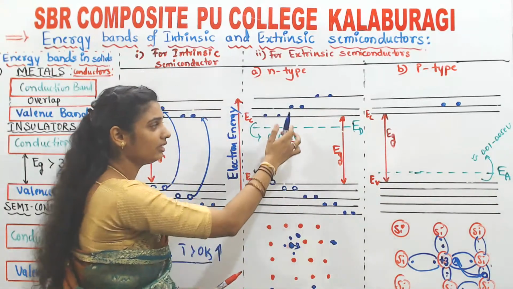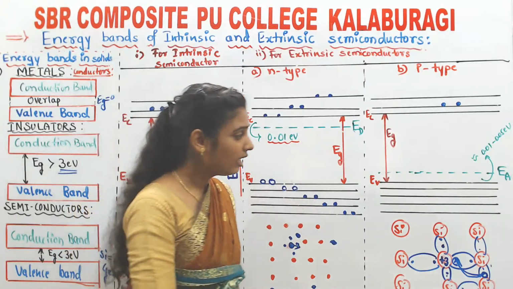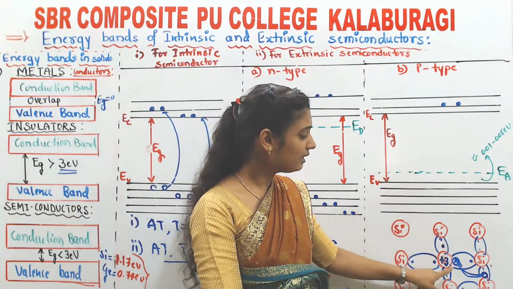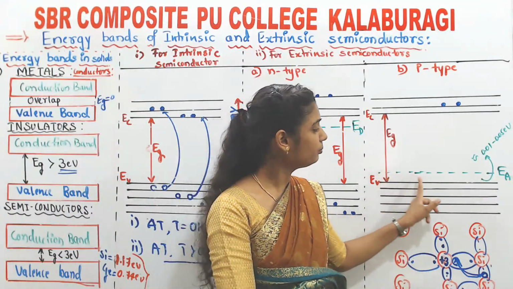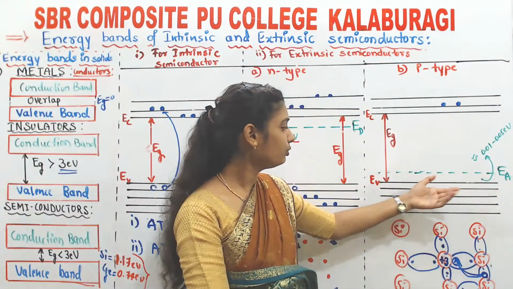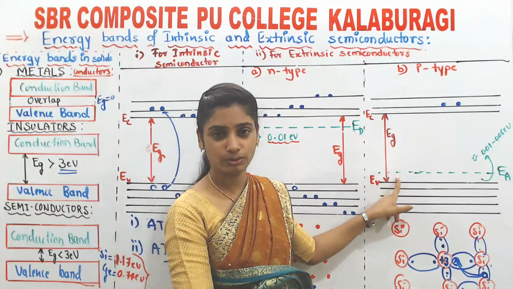Here, why these are near to the conduction band means the electrons are having high energy as compared to the holes. Okay, so that's why these are called as acceptor impurity atoms. So those acceptor impurity energy levels will be lying above the valence band, and look at the difference between these two.